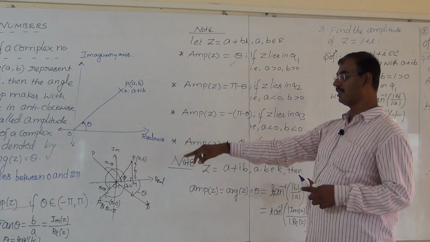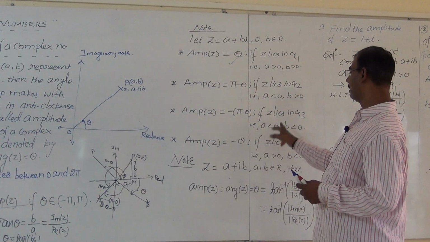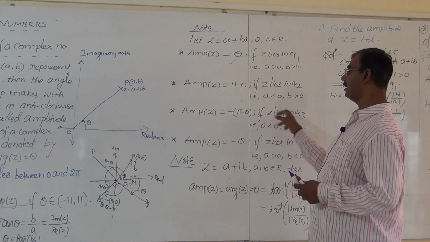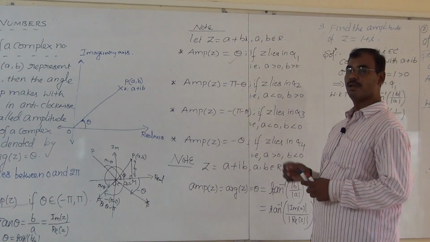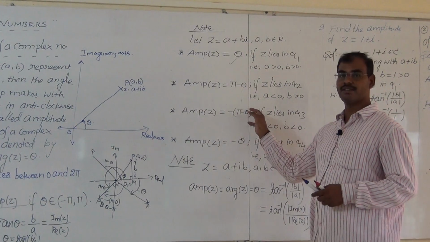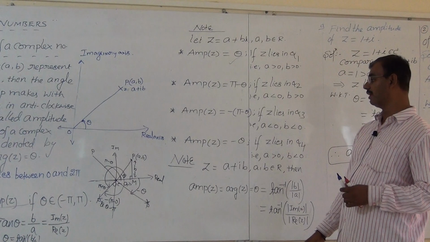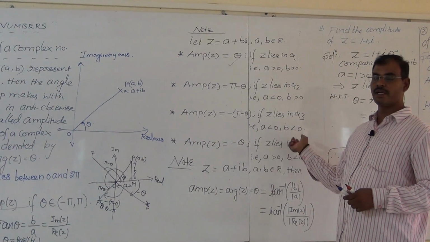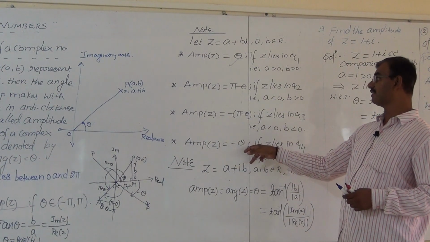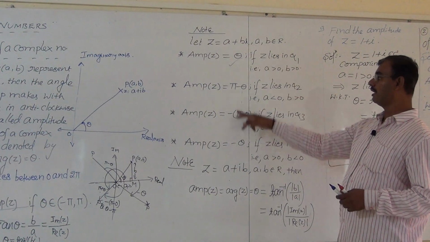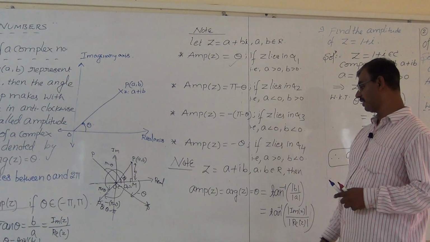It also lies in the principal value. If Z lies in the third quadrant, the amplitude of Z is minus of pi minus theta. This also lies in the principal value. If Z lies in the fourth quadrant, the amplitude of Z is equal to minus theta. All of you remember. It is also called the argument of Z.